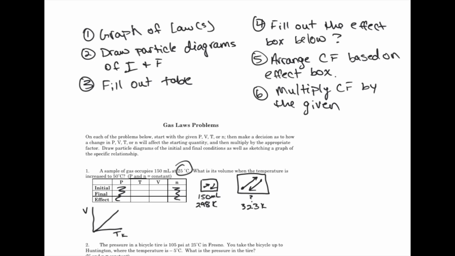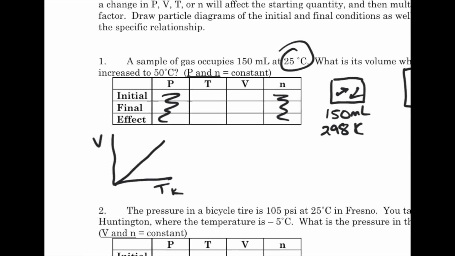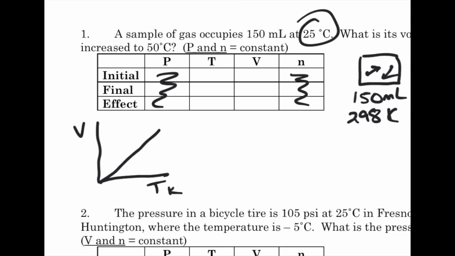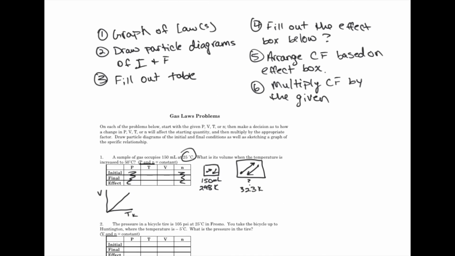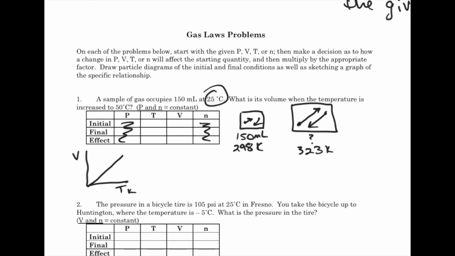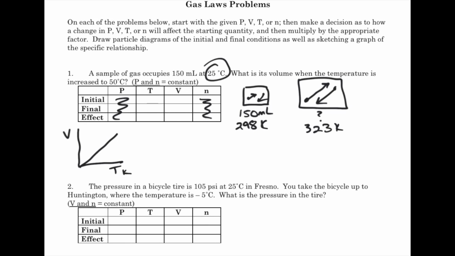Right. So let me show you a little trick on how to do this with the graph. And I'm sorry, step number 3 now is to fill out the table. So we'll do that, and I'll teach you how to use the graph. Let's fill out this table. Initially, we have a temperature of 298 Kelvin and 150 milliliters.